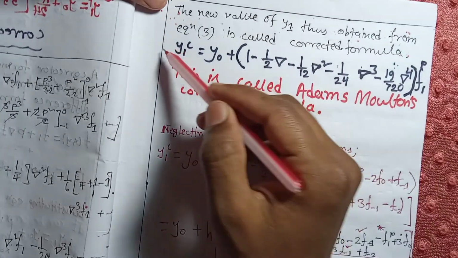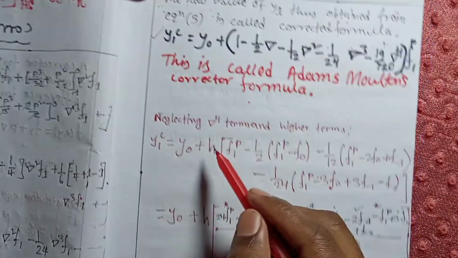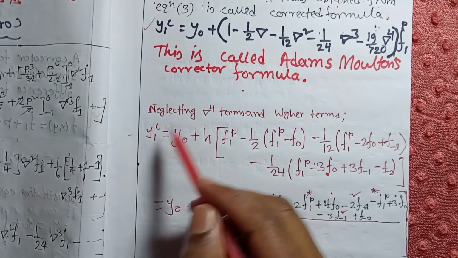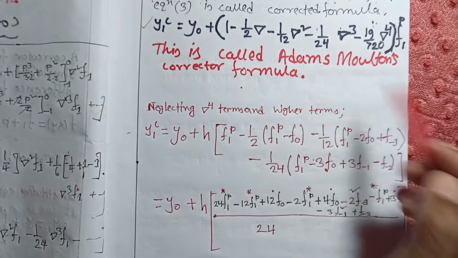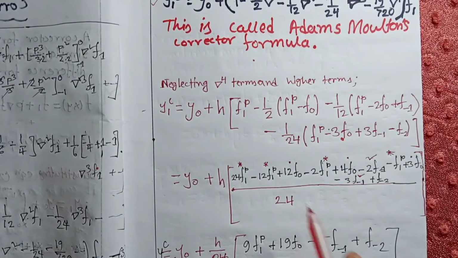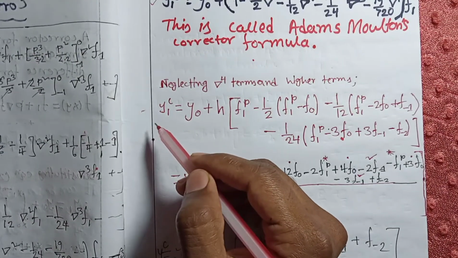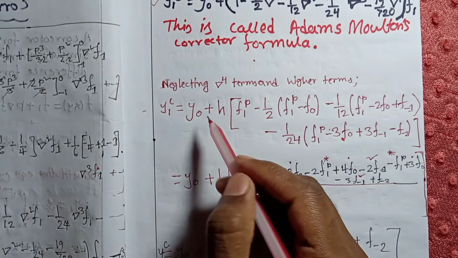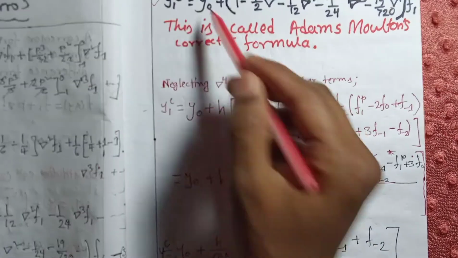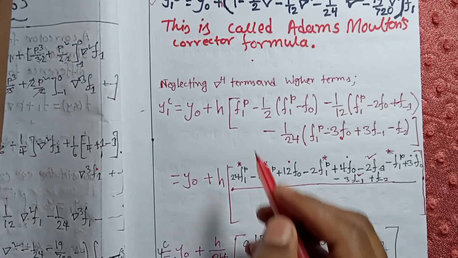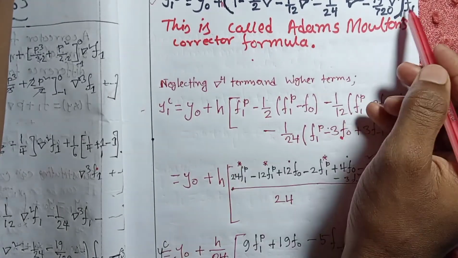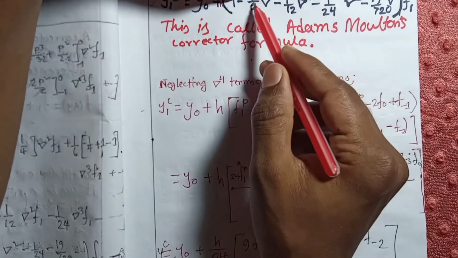We can write this neglecting the nabla to the power 4 term and higher order terms. So y1 of c is equal to y0 plus h times f1p minus half nabla f1.